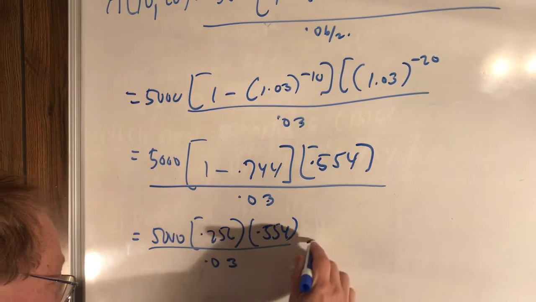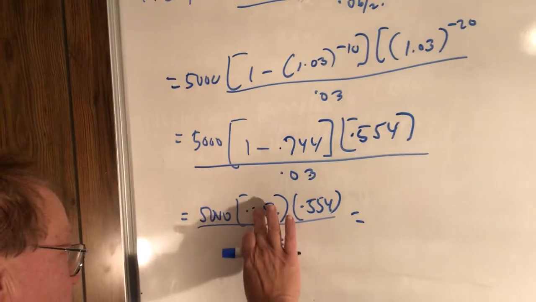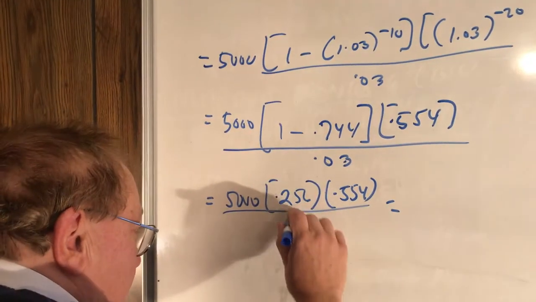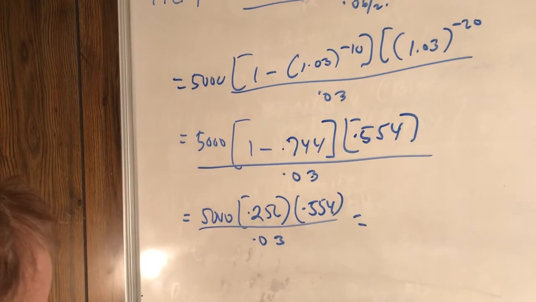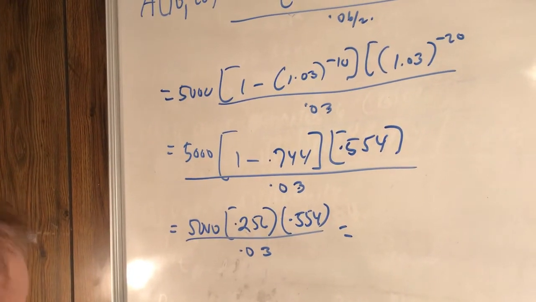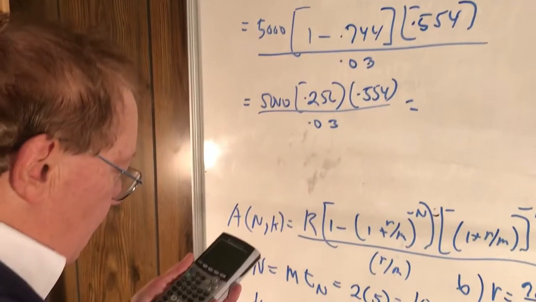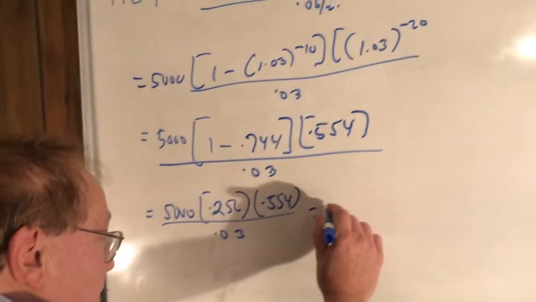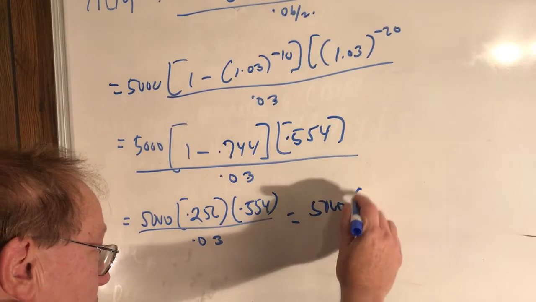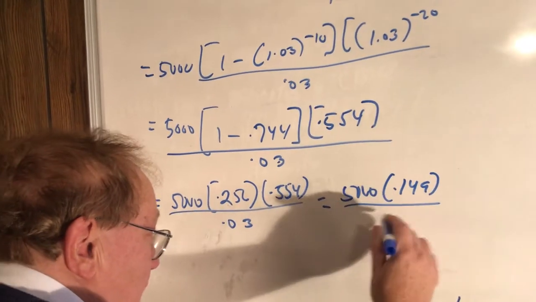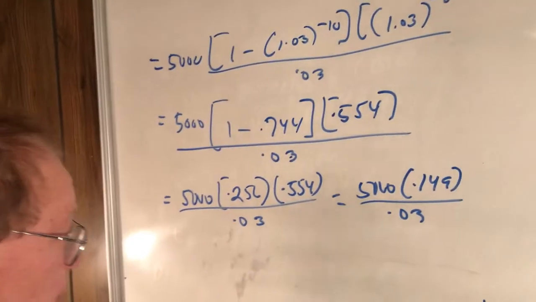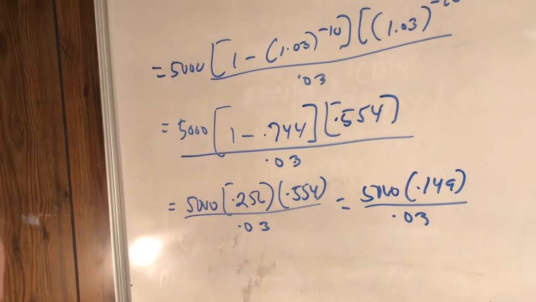I'm doing it like this because I haven't solved this. 0.256. All right, so it's 0.256 times 0.554, 0.149, divided by 0.03. All right, let me check that one again.